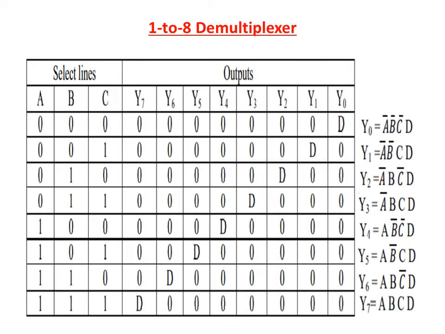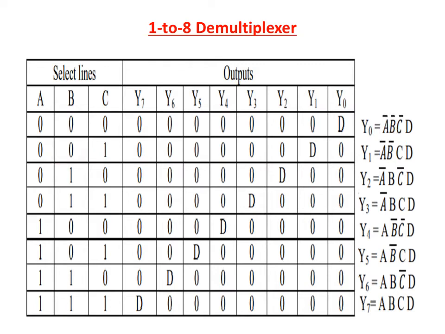This is the truth table for 1 to 8 demultiplexer. The selection lines are A, B, C and the 8 outputs are Y0 to Y7. Now the selection lines are 0, 0, 0, so the output Y0 is selected. The output expression is represented as Y0 is equal to A bar, B bar, C bar, D. These product terms are implemented by AND gates.